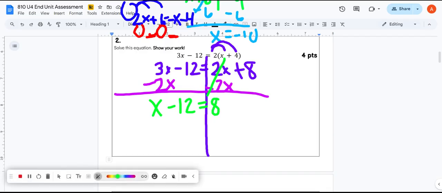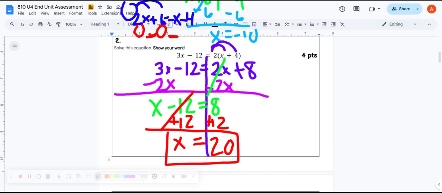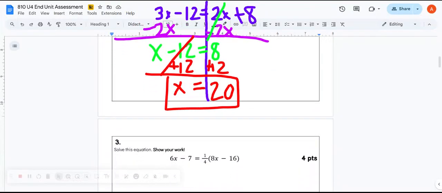Same idea, we're going to continue on and get our constants on the same side of the equation. So I add 12, since I had that minus 12 there. Some of us might have made a mistake there. And 12 plus 8 gives me x equals 20. Perfect. Make sure your work matches what you see here so you can get full credit there.